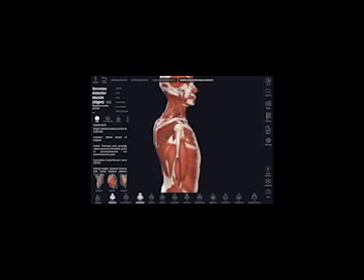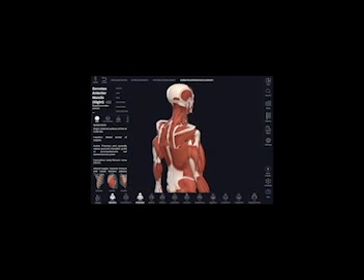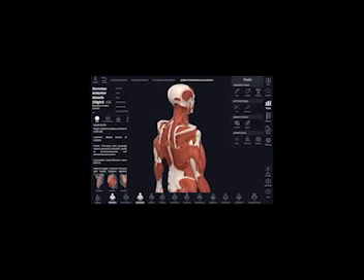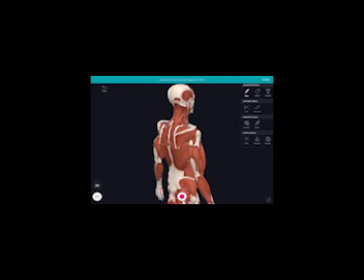I know it's a little bit hard to see, but it inserts to the medial border of the scapula, which is right here. So it originates from the rib anteriorly, wraps around your torso, then goes underneath the scapula, running along the anterior aspect of the scapula, and inserts to the medial border.